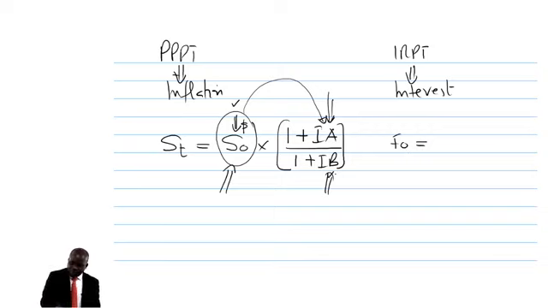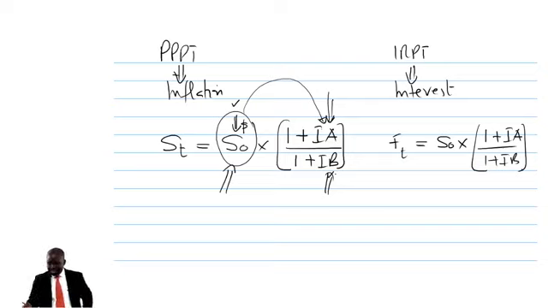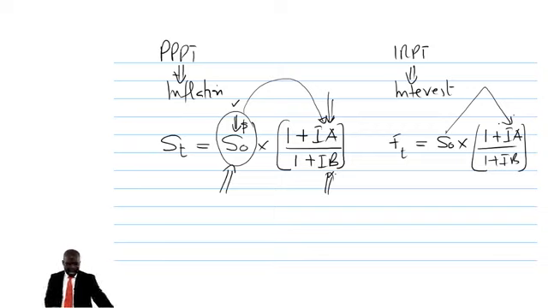So my forward rate at the point T will be the spot rate now multiplied by 1 plus interest A divided by 1 plus interest B, following the same argument: whatever currency I put here, its interest rate will be the one on top, and the interest rate of the other country will be the denominator.